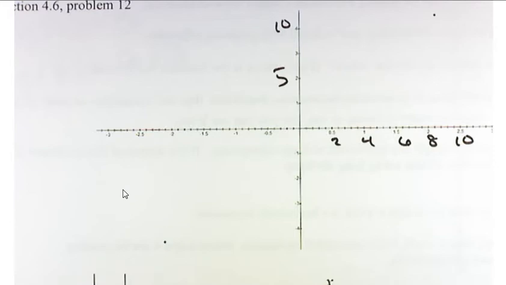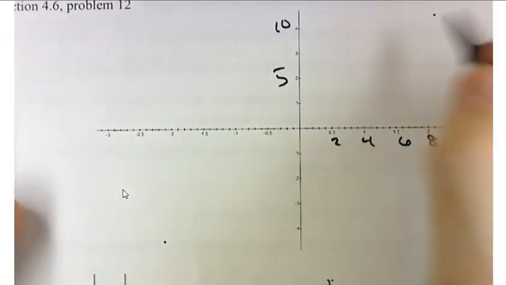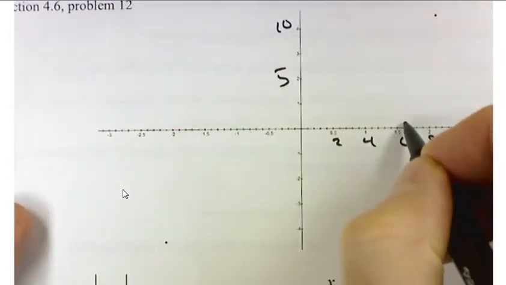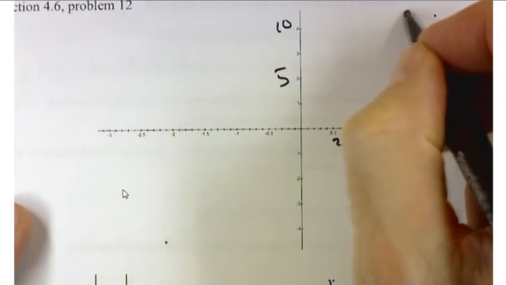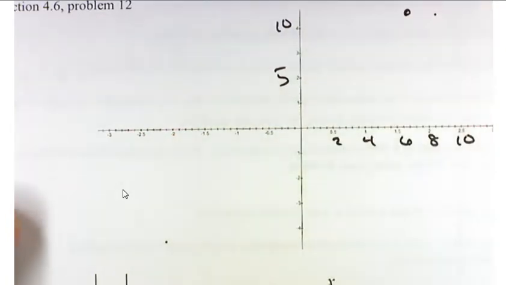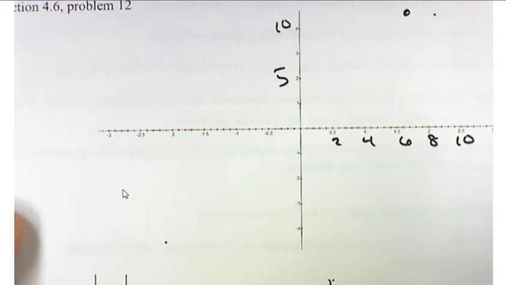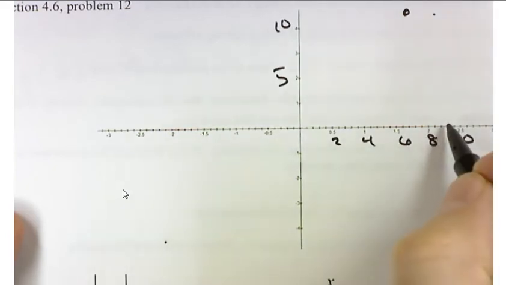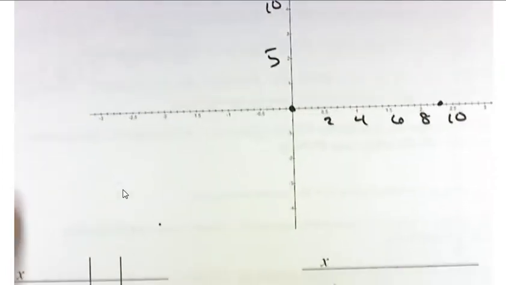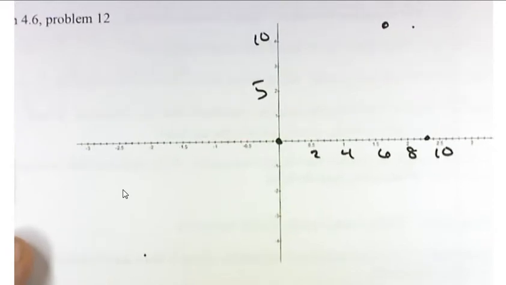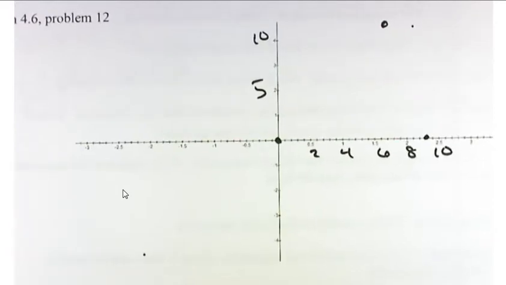I am going to take the time to figure out 6 times square root of 3. 10.39. All right. So it's a little bit above 10. So at 6, we're a little bit above 10. We can also see that at x equals 9, the function is at 0. It passes through the x and y axis right there at the origin. And it's perennially concave down.